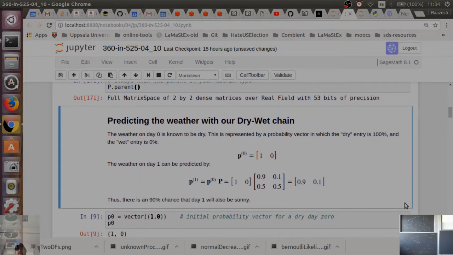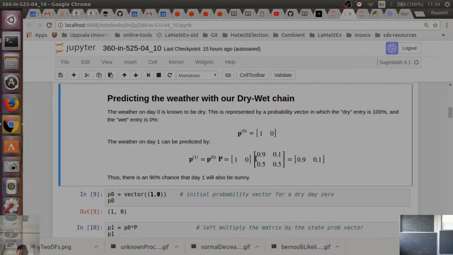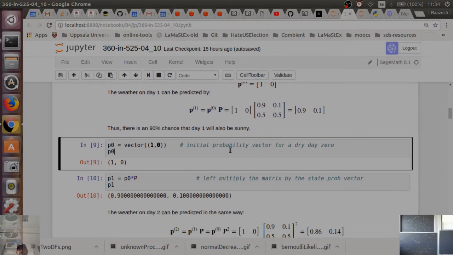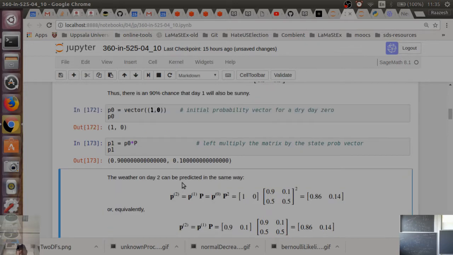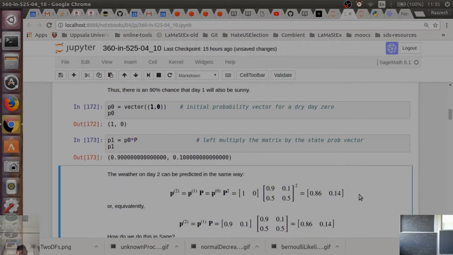So now predicting the weather with our dry-wet chain is our problem. So my initial state probability vector P0 is (1, 0) because we're starting on a dry day. And then the next day is just basically by multiplication, just like what was in Wikipedia. So here is P0, and then I multiply P0 by P, and I get the next entry.